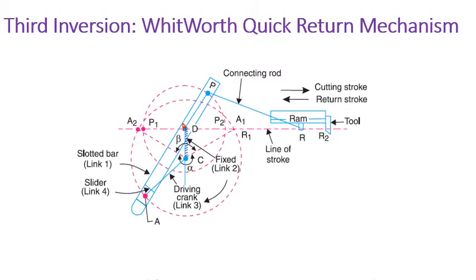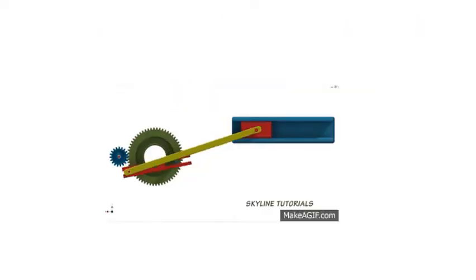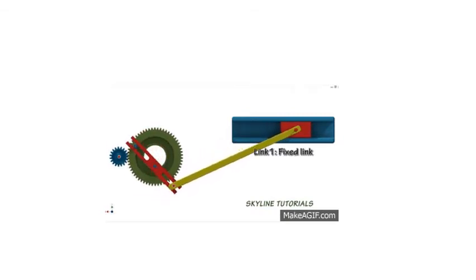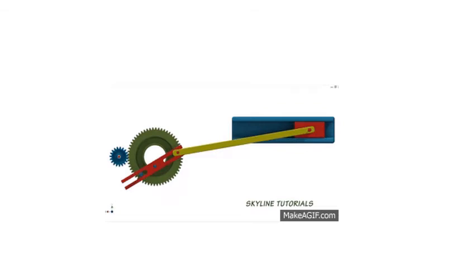Since the driving link rotates at uniform angular speed, the ratio of cutting stroke to return stroke is given by alpha by beta, which can be written as alpha by (360 minus alpha). You can see the animation of the Whitworth quick return motion mechanism.